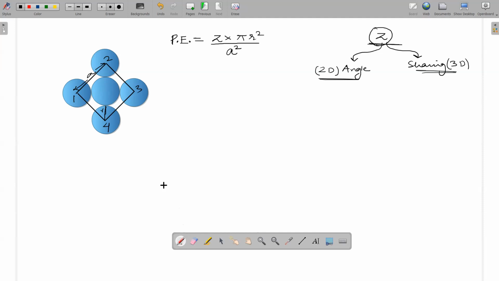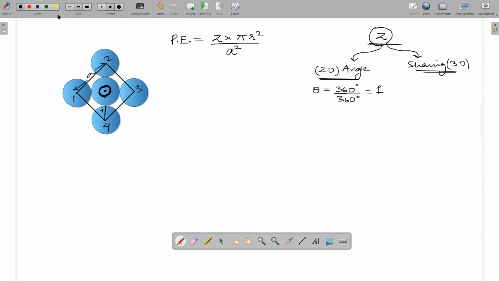Is there any angle in between? No. I can make this whole circular angle, right? This angle is equal to 360 degrees. Whatever angle you made by the atom, just divide it by 360 degrees. You will get this as 1.